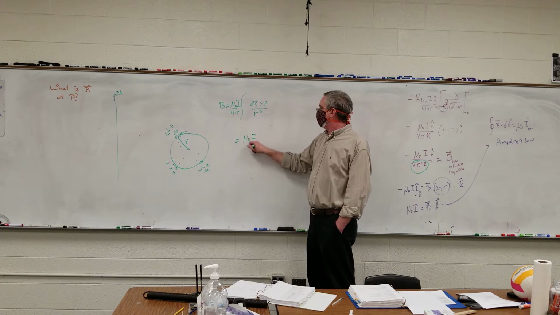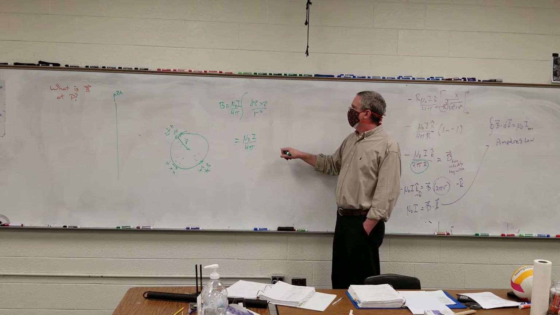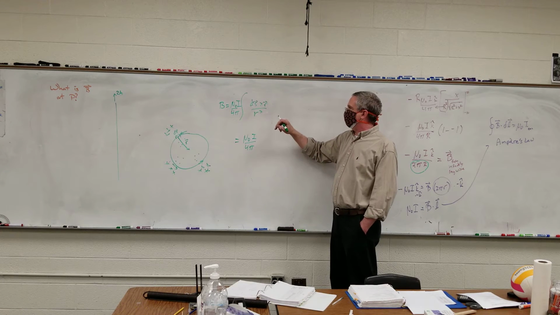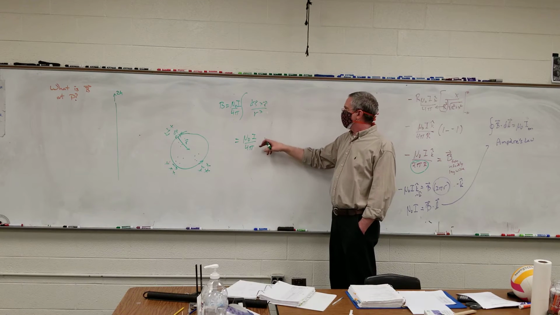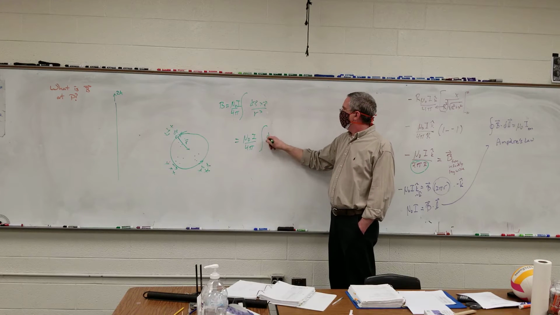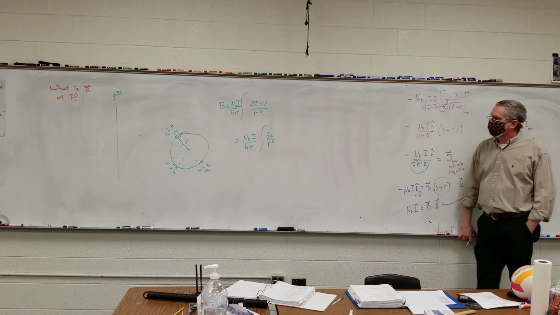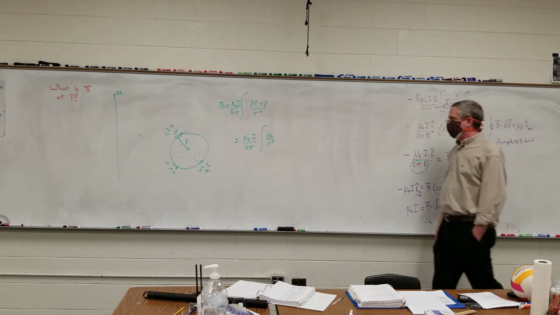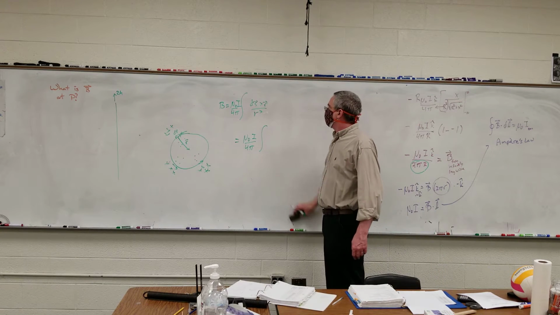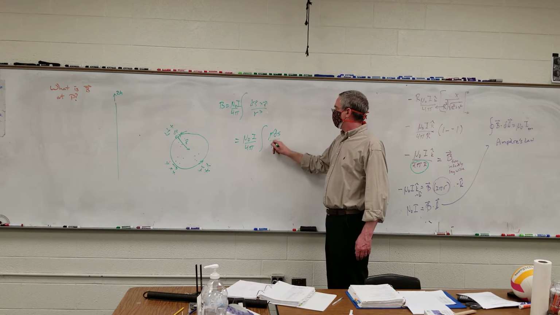Mu naught I over 4 pi. ds cross r are always perpendicular, as I just said, and so therefore it's just the product of the magnitudes, ds over r squared. Or let me throw in the intermediate step for those who are still waking up. So that becomes r ds over r cubed. That gets out with one of those.